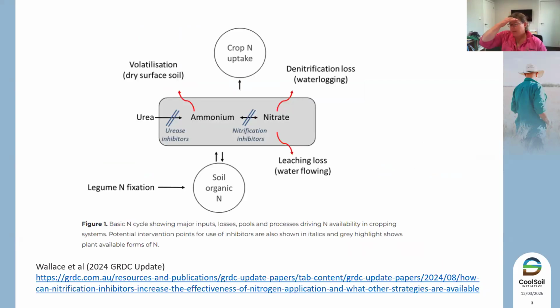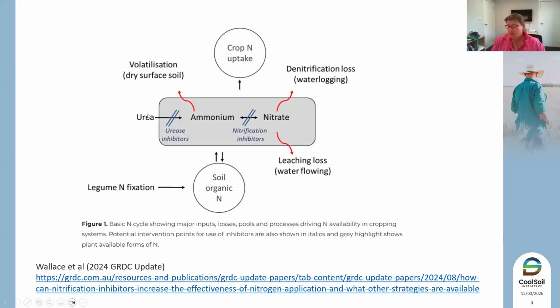So the key things, just to make sure we're all on the same page, because we'll be mentioning inhibitors and stuff tonight, is really around the processes that happen in our nitrogen system, which you're all fully aware of.